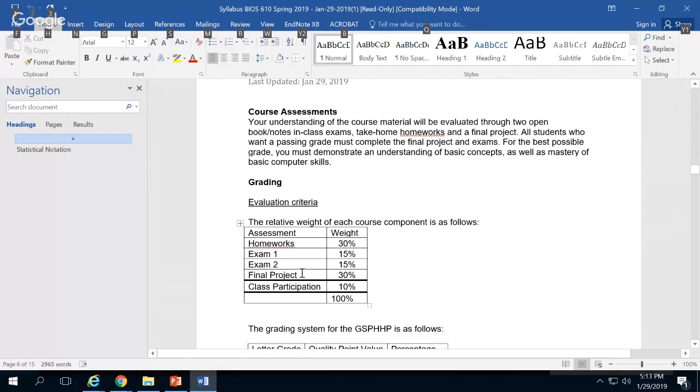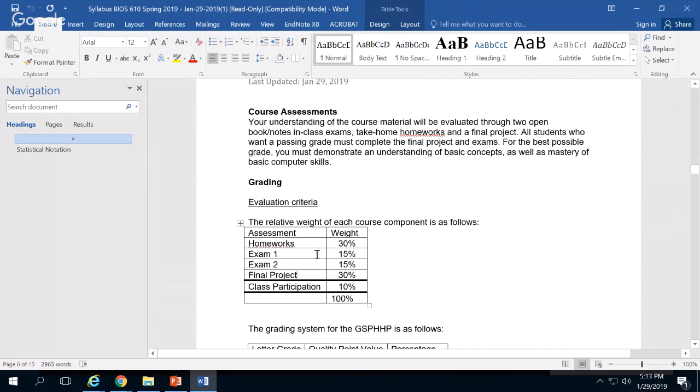The final project will be a data analysis. We'll give you some data sets that you are welcome to use that are good subjects for an analysis. But for your final project, you're also welcome to do any project that you want.